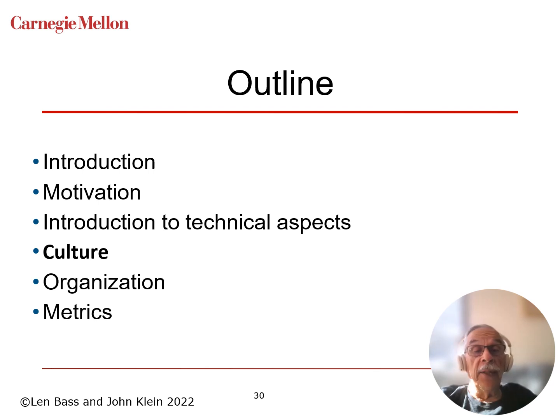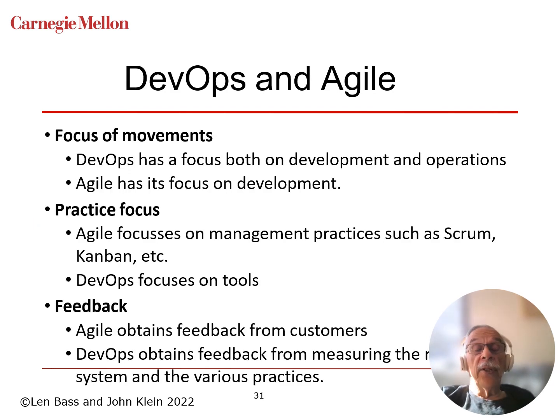So let's talk now about culture. There are a lot of similarities and some differences between DevOps and Agile. The Agile people will claim that DevOps is just really Agile applied to deployment. DevOps people will say, no, the Agile people are worried about development and we're worried about deployment. And so if you look at the focus of the two, they really are different.